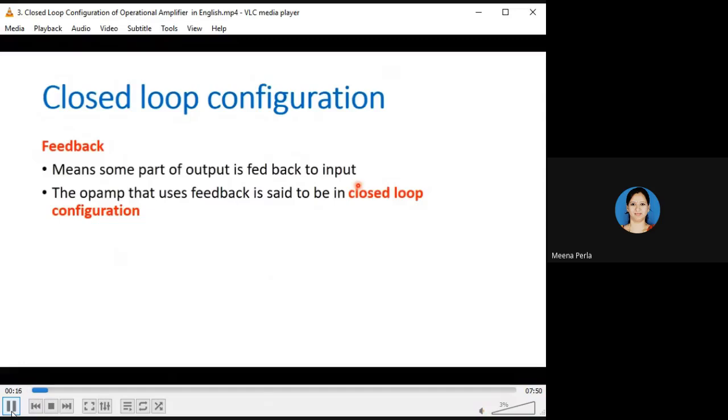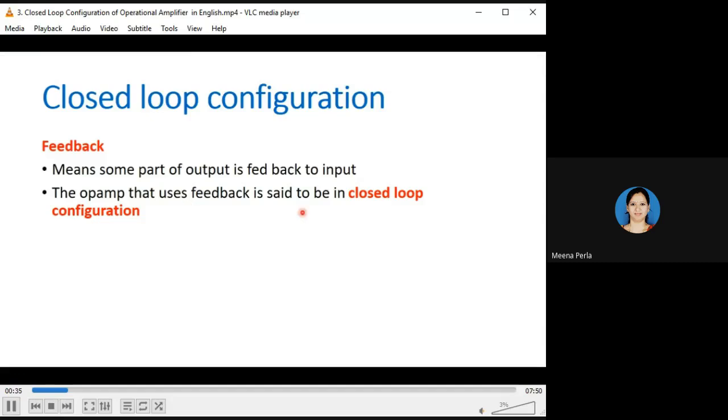Before proceeding to the closed loop configuration, we should know about feedback. What is feedback? Feedback means some part of the output signal is fed back or provided back to the input signal. That process is called feedback.